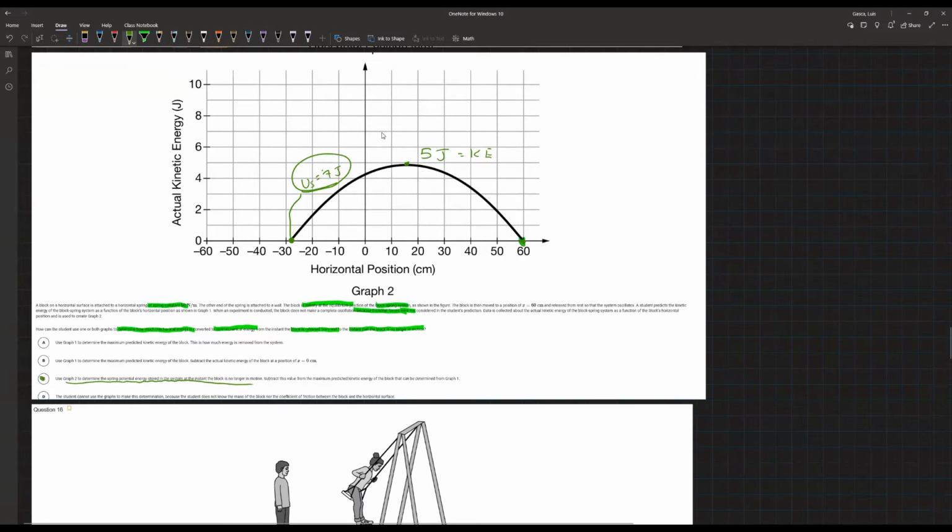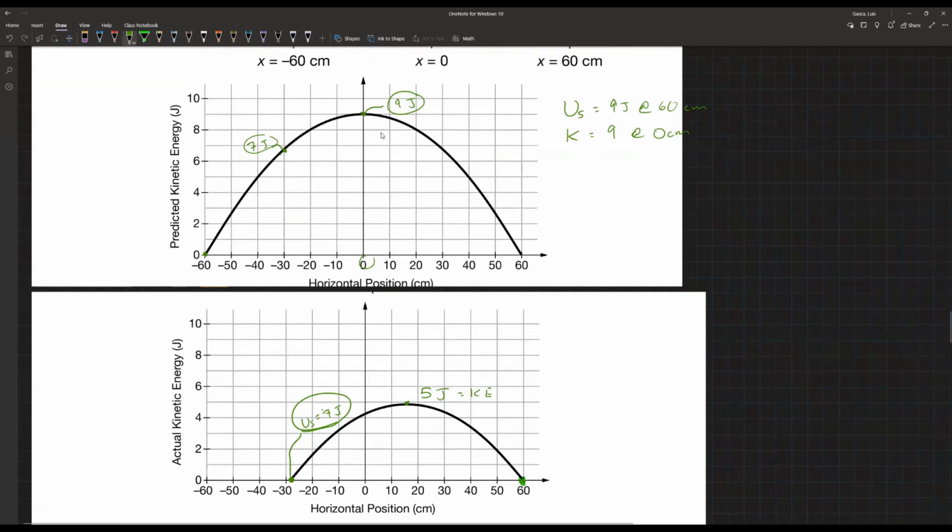And so C is going to be the best way to do this. Subtract this value from the maximum predicted kinetic energy of the block so that we can go ahead and get that. Because what we find out is that here we should have had 7 joules of kinetic energy and 2 joules of spring potential energy. In reality, we have 0 joules of kinetic energy because we've stopped. Sorry, this would be 2.